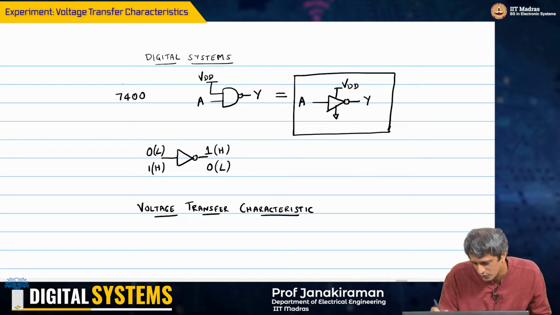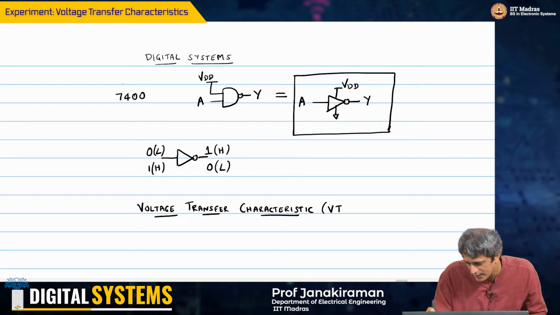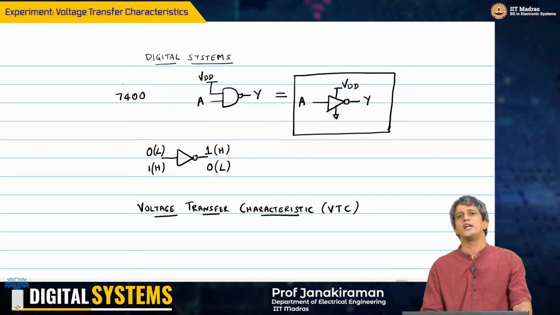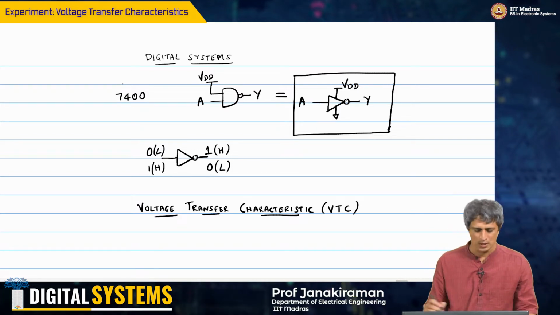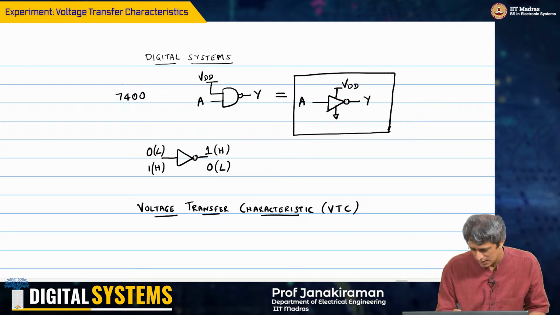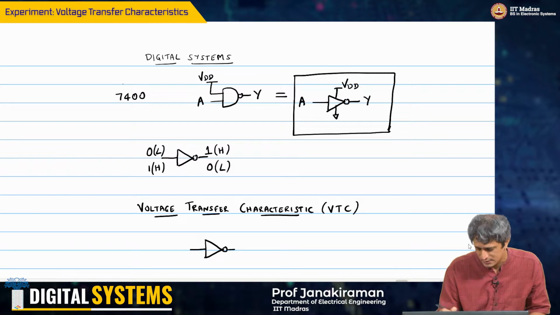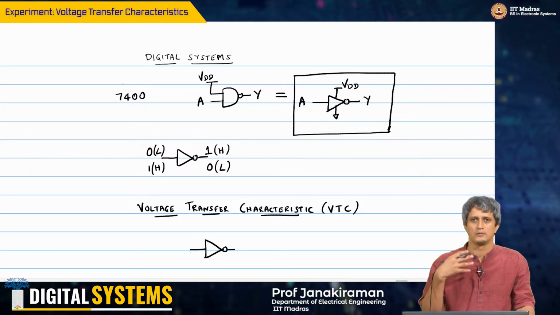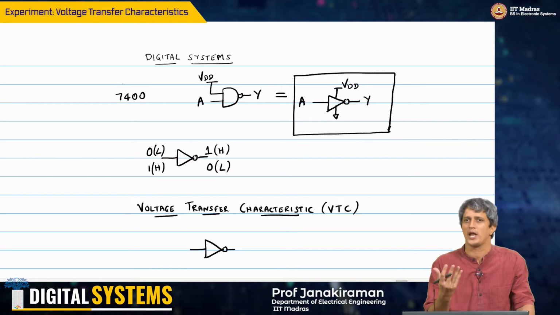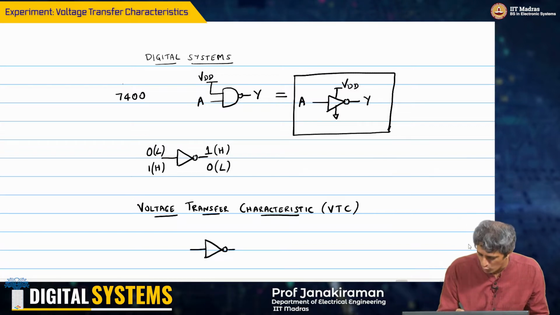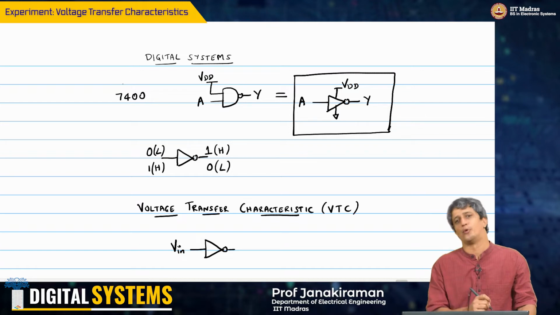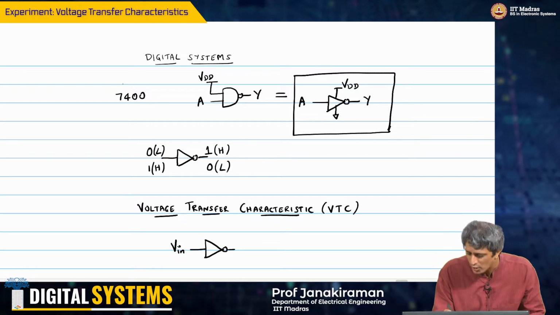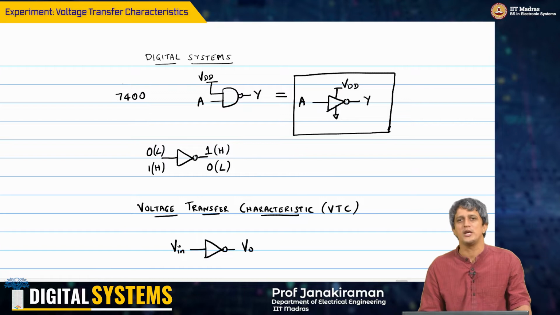Voltage transfer characteristic, it's abbreviated as VTC. So the idea is instead of looking at an inverter as simply a logical input which could take low and high, we are going to look at this inverter as taking an analog input V in and we are going to look at the output V out again as a voltage.